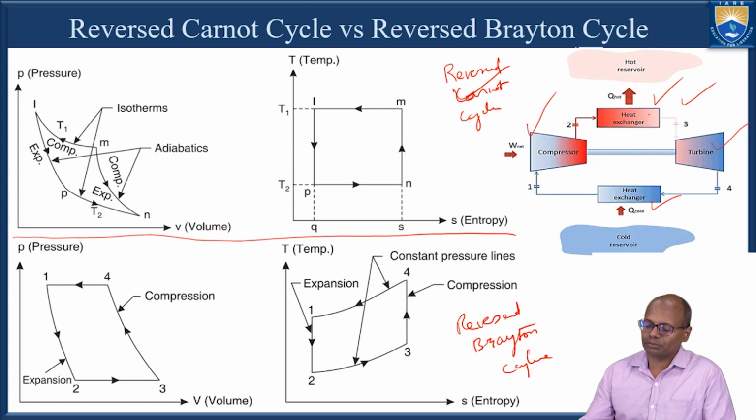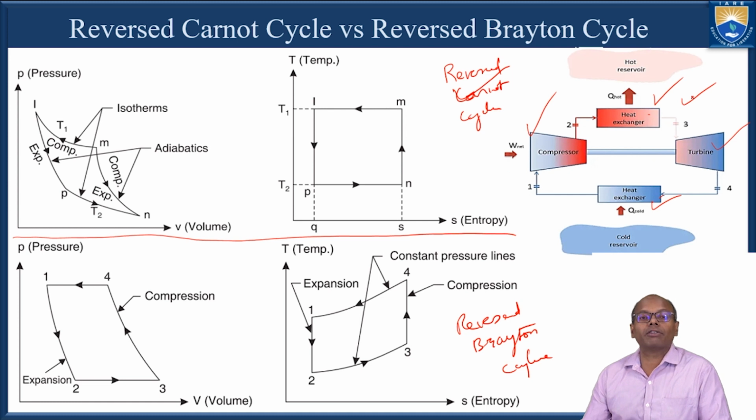Suppose these heat exchangers are working at some constant temperature, then it is called the reversed Carnot cycle. And if these heat exchangers are working at some constant pressure, then this particular diagram is for the reversed Brayton cycle. That is the only difference.